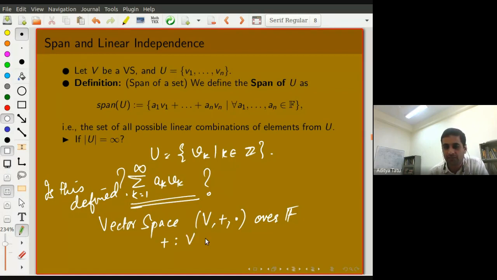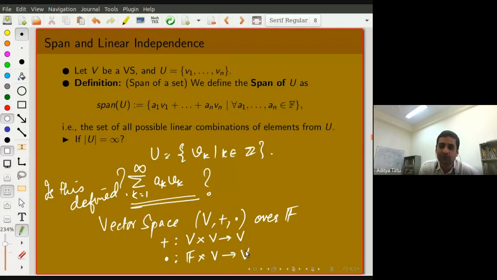It's a binary operation, V cross V to V. Scalar multiplication, again binary, F cross V to V. So using this binary operation, I can define an operation that operates on three vectors. You first combine two, then combine the resultant with the third. So you can extend it to three vectors, four vectors, and so on to n vectors.